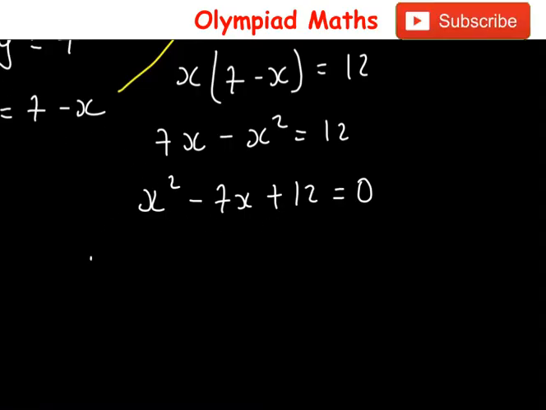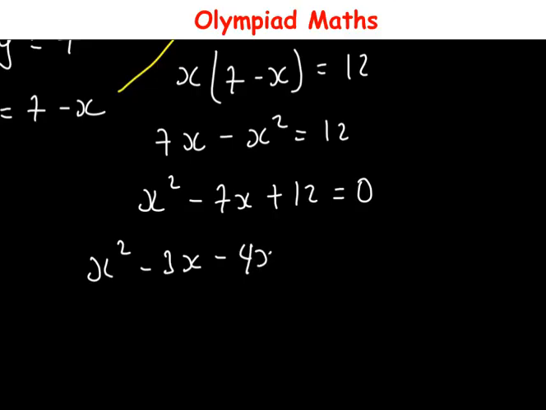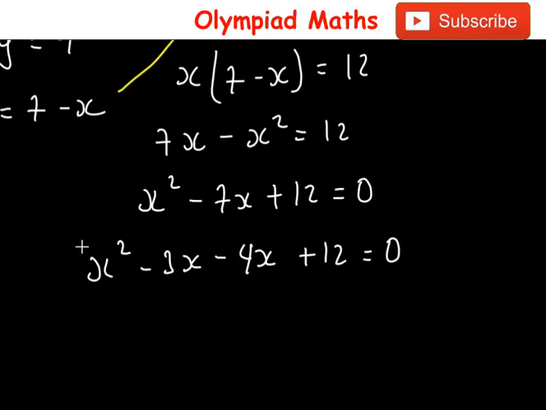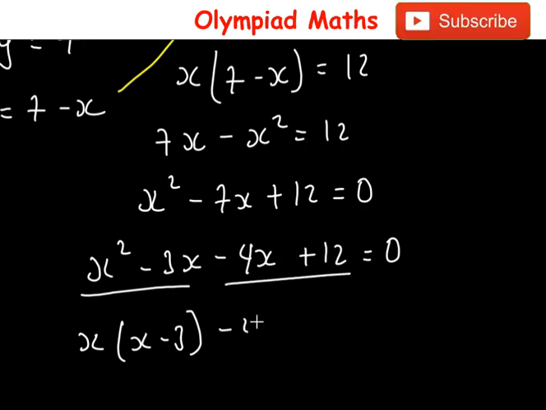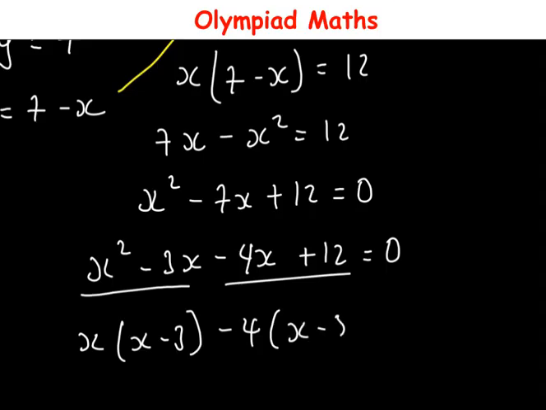So we have x squared, then we can write minus 7x as minus 3x minus 4x, then plus 12. This equals 0. From this, factorize out x from here, x into bracket x minus 3, and also factorize out minus 4 from here, minus 4 into bracket x minus 3, and this equals 0.